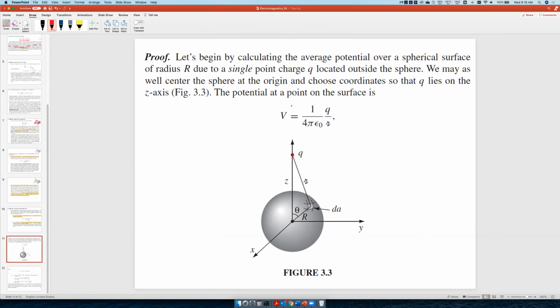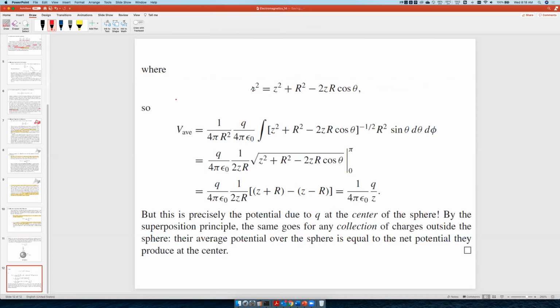The potential at a point on the surface could be calculated with this equation, of course. And then V average could be calculated using this simple equation, because the distance could be described in this equation, and by ds.